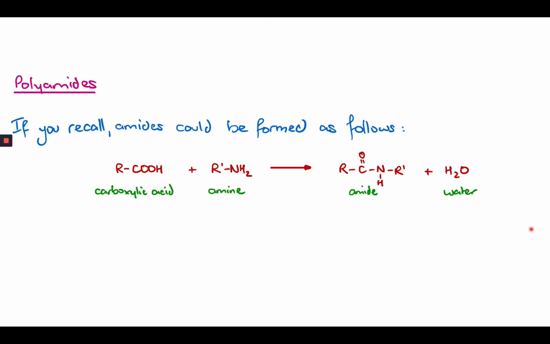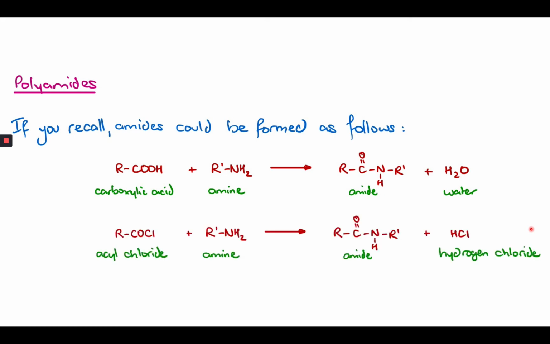Or instead of the carboxylic acid, we could have used an acyl chloride and an amine. So the amine's a fixed thing, just like the alcohol was a fixed thing with making an ester. Again, we're making an amide, but this time our small molecule that's removed is hydrogen chloride.